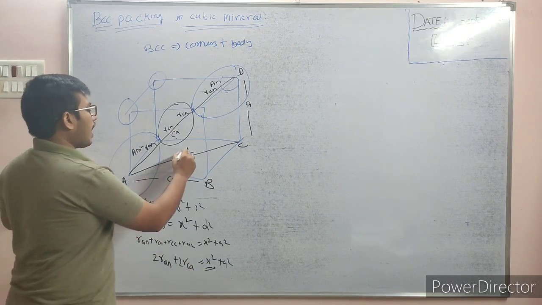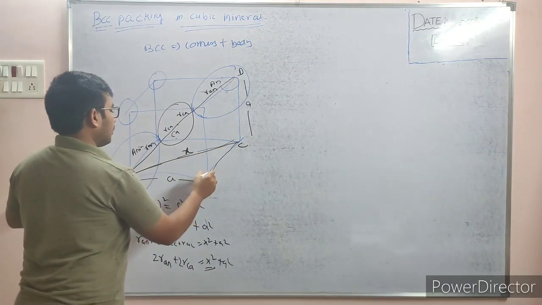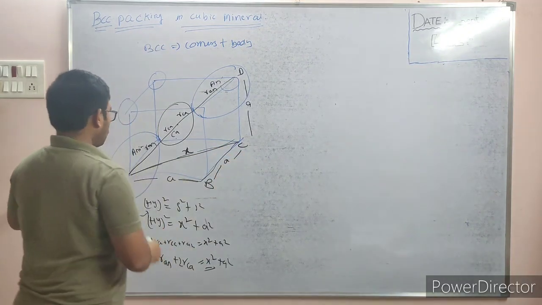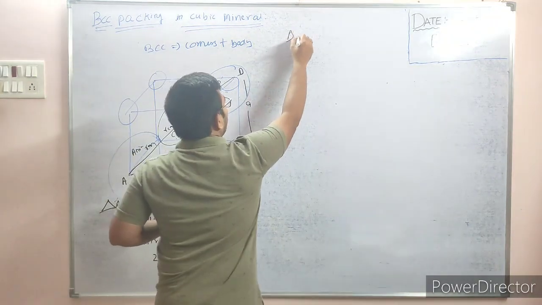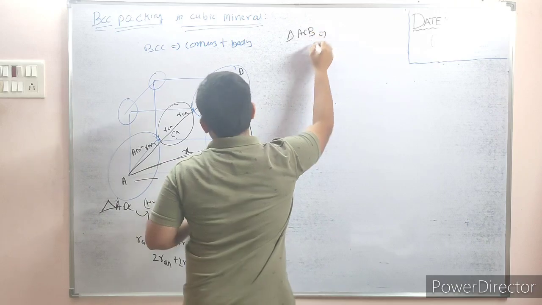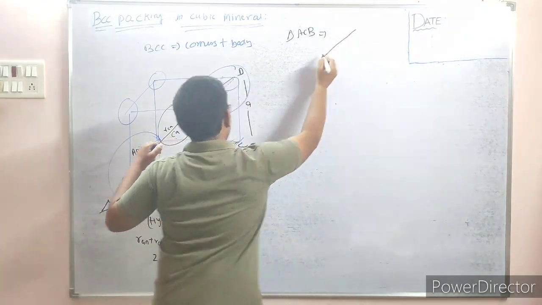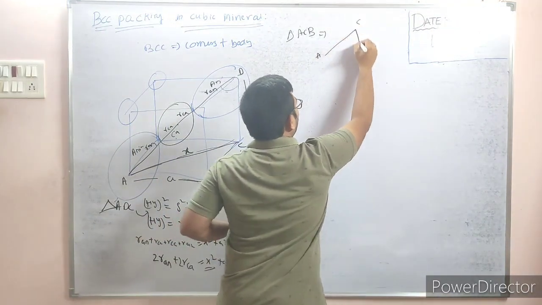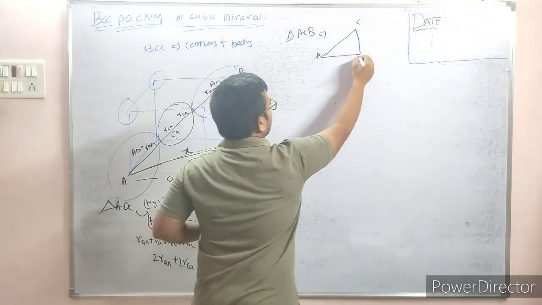And how will you find x? For suppose it is also a right angle triangle. Okay, and we know the edge length a. So if you are continuing triangle ACB, what you will get? This is the hypotenuse. So we will draw here like AC, and you are drawing like this, AB plus BC.